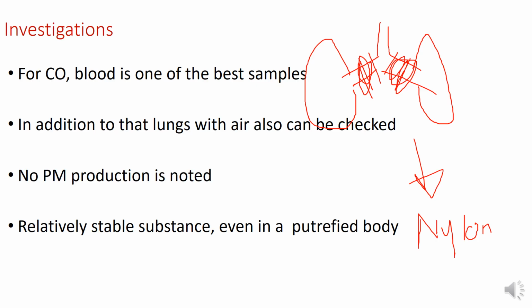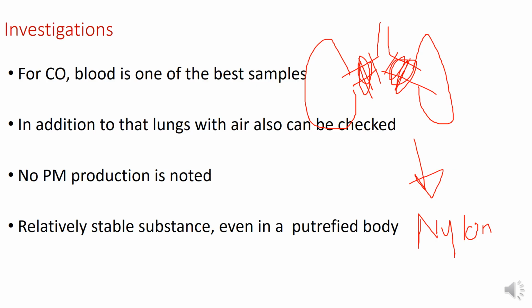And also you have to understand that in a while we are going to discuss cyanide gas. Now cyanide gas can be produced artificially after death, but carbon monoxide is not such a gas, and it is also considered a very stable gas.